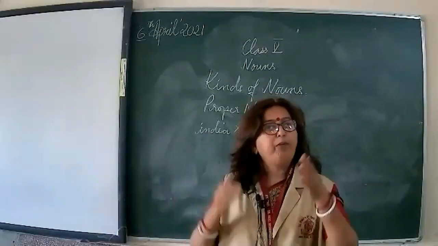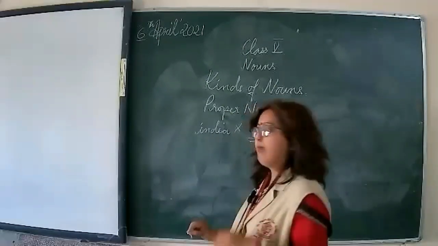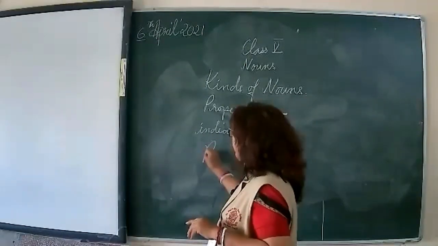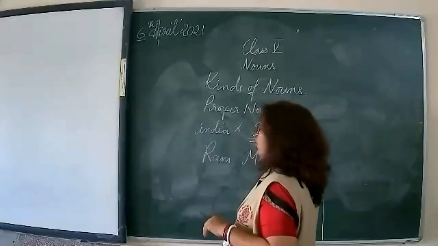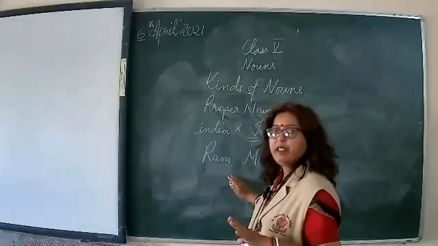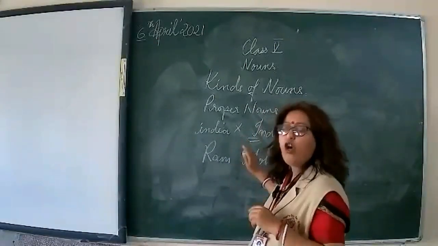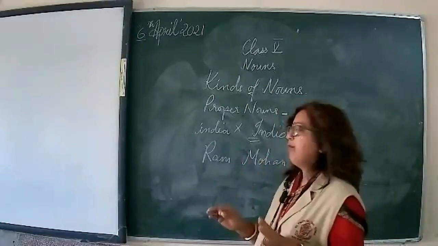So here Ram and Mohan are proper nouns, they are particular names. Always write them with capital letters. I hope you're going to remember the rule always. Whether it is the name of a person, the name of a place, or some kind of mountain or sea, something like that.